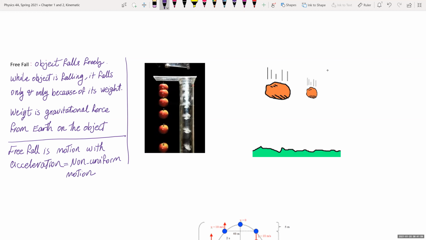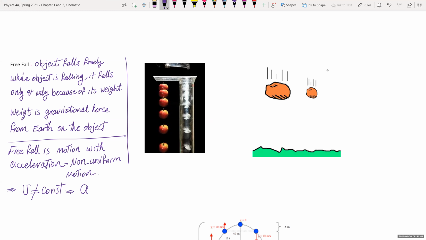Please take the note. Free fall is non-uniform motion. That means velocity or speed is not constant in free fall while the object is in motion. If it is not constant, therefore we do have acceleration.